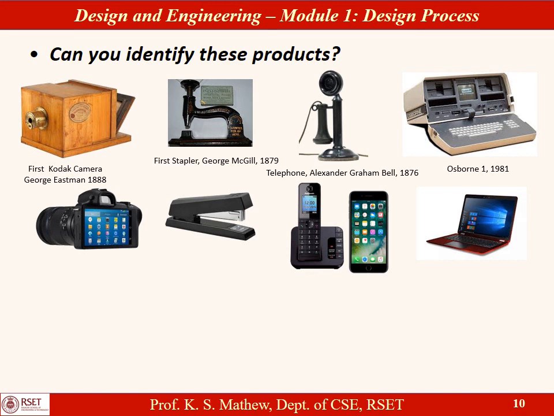If you look at, you can see the change has happened mainly in terms of other non-functional features. For example, the size has become very small compared to the old one. It has become very user-friendly, easy to use. The previous camera, the old camera, was very difficult to use. If you want to load a film, you need to enter into a dark room and load the film.